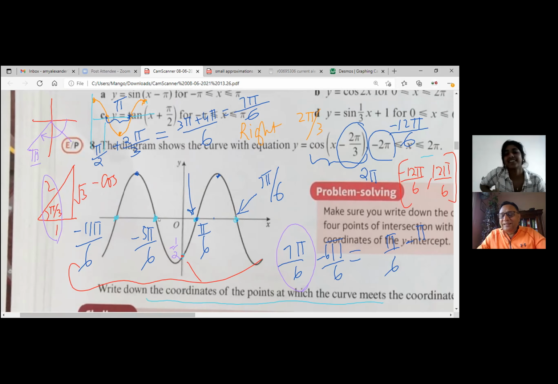Now, what I'm trying to say is, I'm changing my question, right? I have the same equation, which is y equals cos of x minus 2 pi by 3. However, I'm changing this domain, and instead of minus 2 pi to 2 pi, I'm making it minus 4 pi to minus 2 pi. You get the idea?